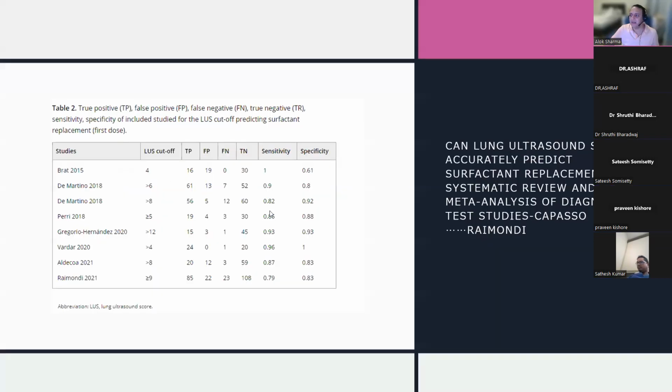Looking at lung ultrasound and its accuracy in predicting surfactant replacement, a few questions arise. How should we use a lung ultrasound protocol to implement effective diagnosis and management of respiratory distress syndrome where we practice in different units with different gestational cutoffs? Our level twos will tend to keep babies over 26 weeks, so the 27 weekers and above.